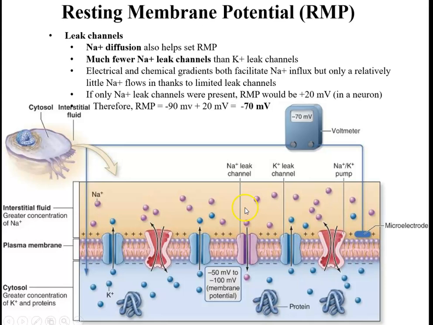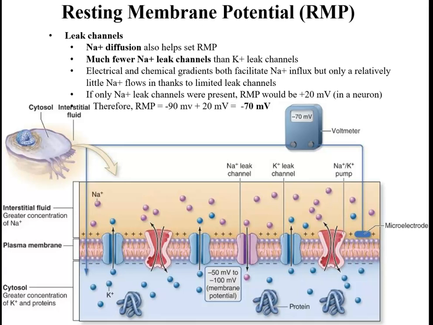And sodium is a positive ion, so it wants to go from the outside to the inside. There's also less sodium on the inside of the cell than there is on the outside. So its chemical gradient is also pushing it towards the inside of the cell. But there's only a few sodium leak channels compared to potassium leak channels.